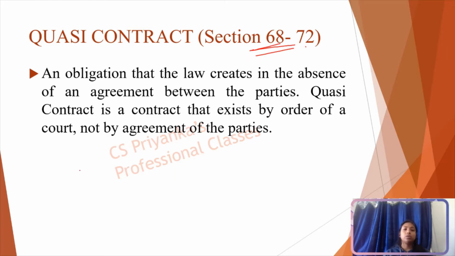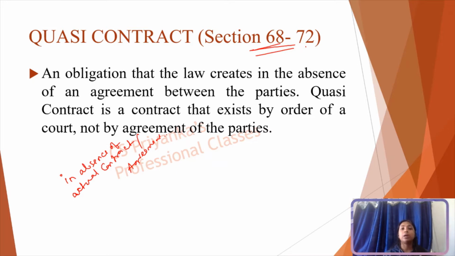Actually, quasi contract arises in absence of actual contract or agreement. That means you don't have any type of legal agreement or contract beforehand with anyone. But suddenly, a certain situation came where automatically some responsibility came on you, and you are liable to perform those acts.